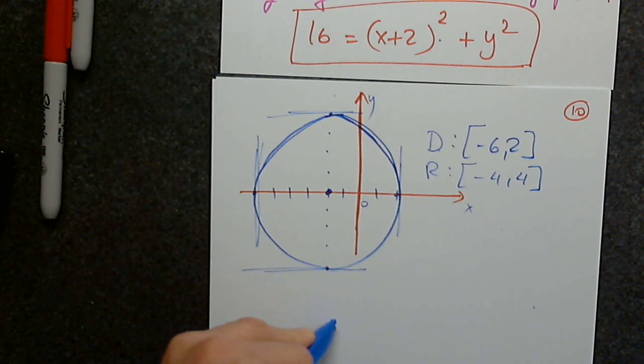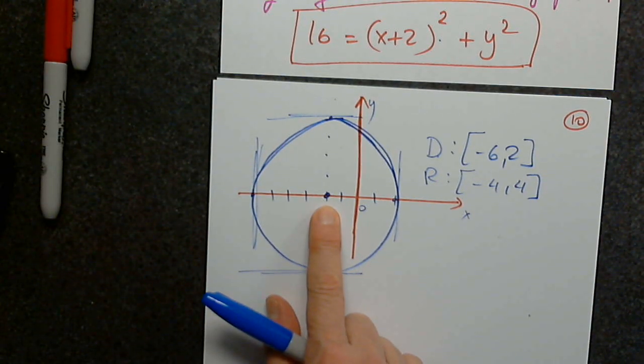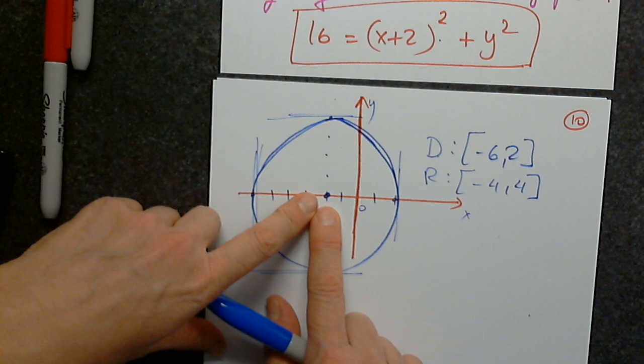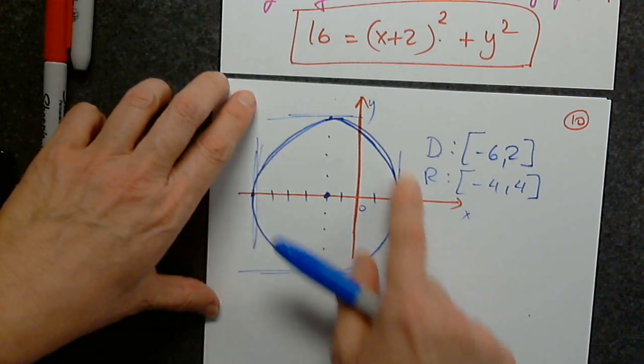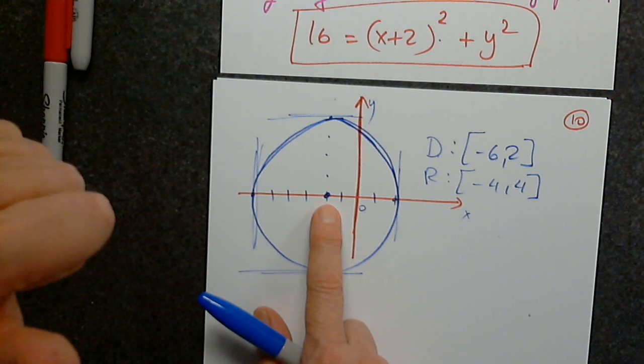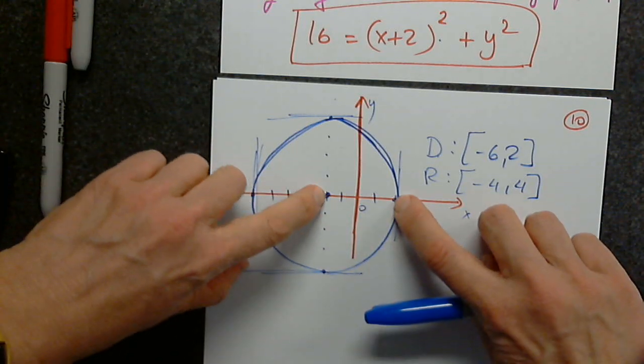Everyone? Yes? Charisse? Do you understand that this is the center? That's the center of the circle. Right. And do you understand that the radius is 4? Yes. All points have to be 4 units away from the center. So then this must be 4.